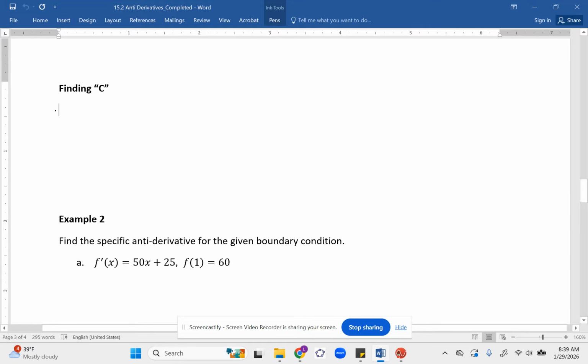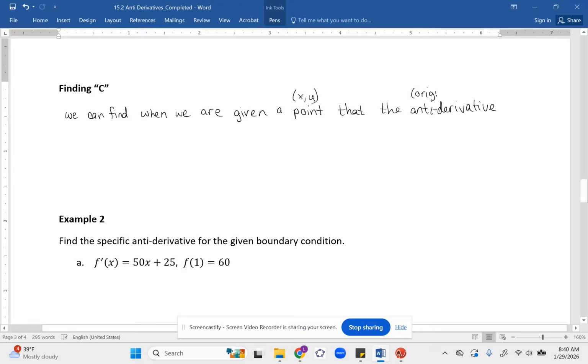Finding c, the constant of integration, we can do when we are given a point, like an x and y value, that the antiderivative, which I also call, kind of informally, the original function, goes or passes through.